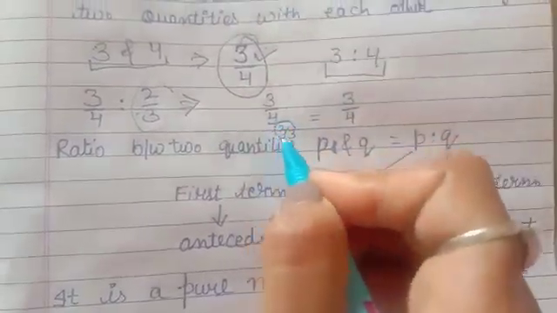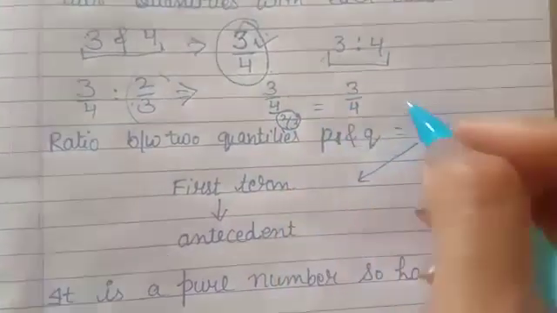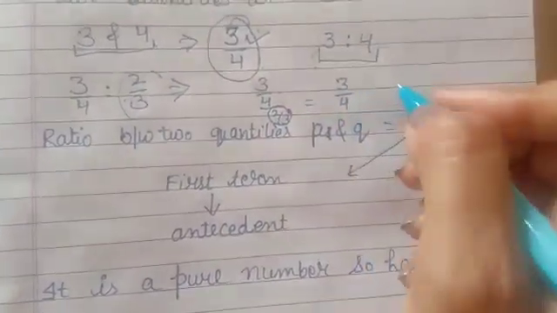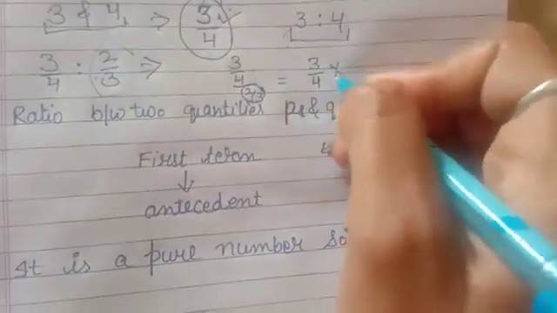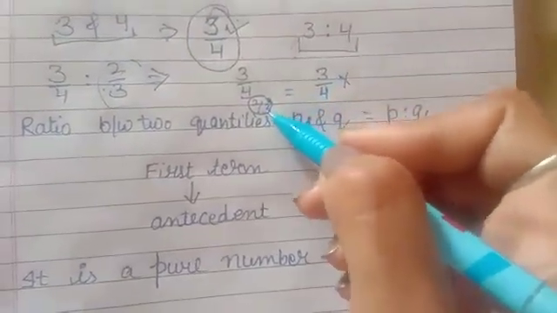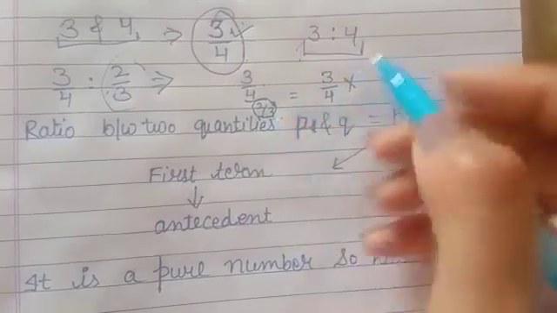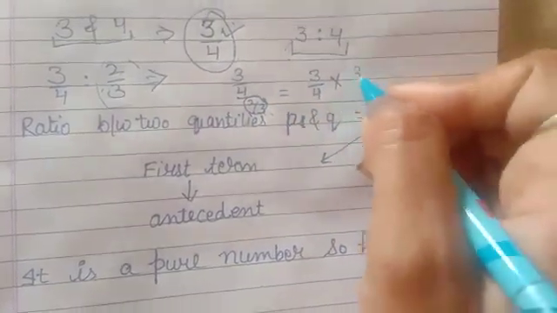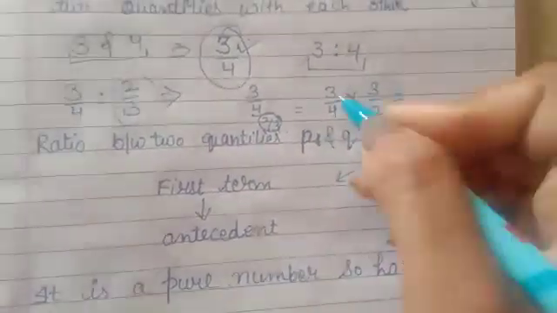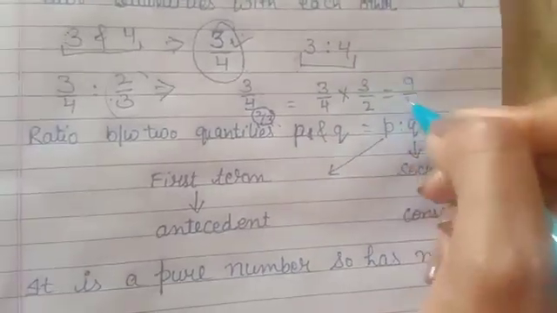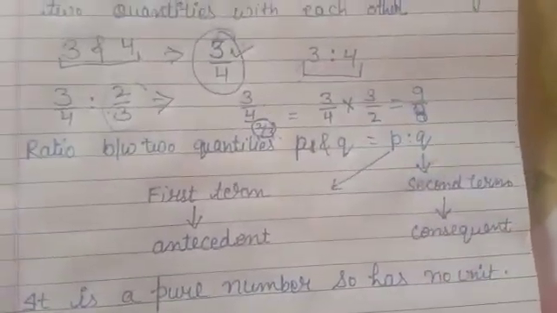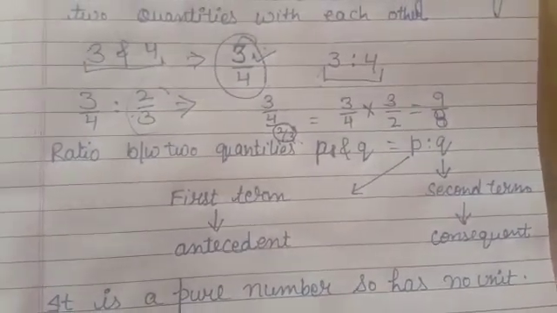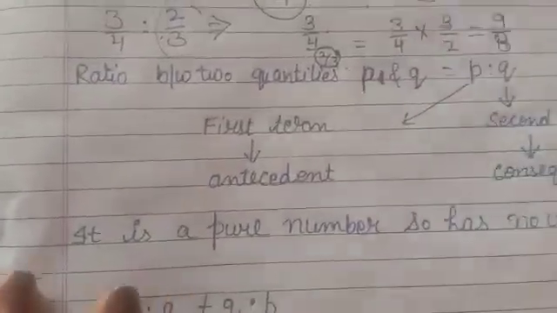The fraction which is in the denominator, after taking its reciprocal, will be written in multiplication. Just take the reciprocal of this fraction. It becomes 3 over 2, and your answer will be 9 over 8. Right? When we do the sums, you will see how I am doing it and how to do it.